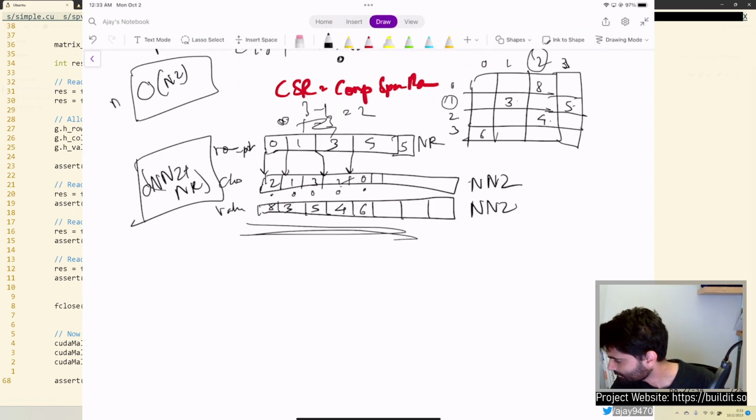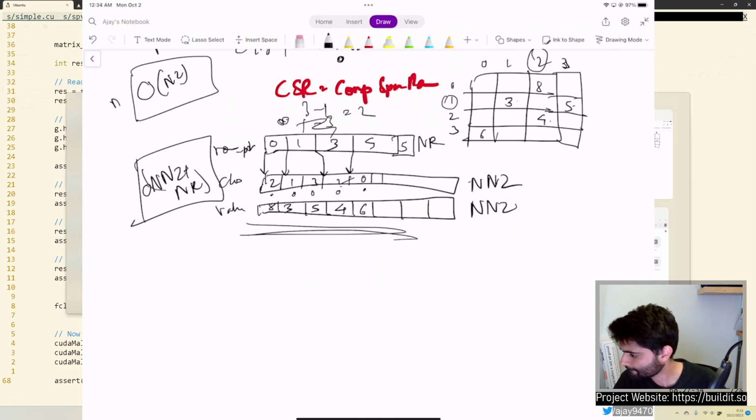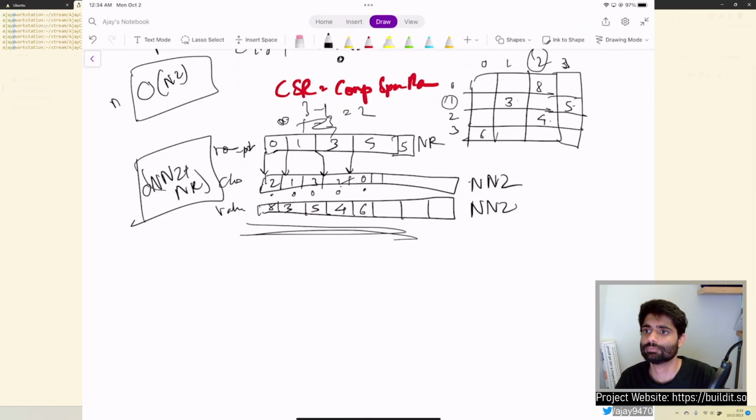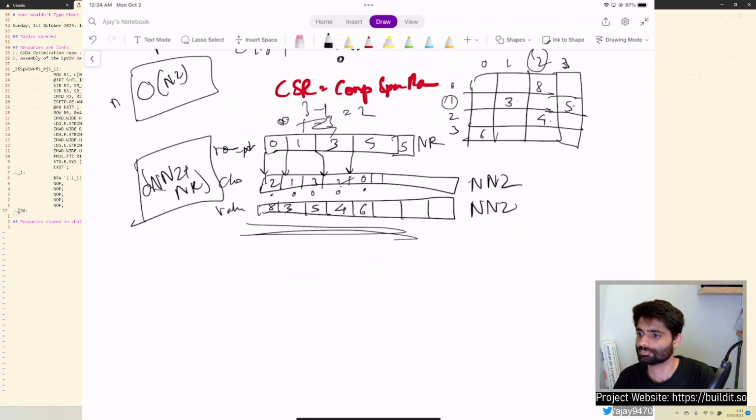GapBS is, by the way, a graph application benchmark suite, and they have a bunch of graph applications and implementations, and also some data sets you can run them on to test your implementation. It's a very popular benchmark suite.